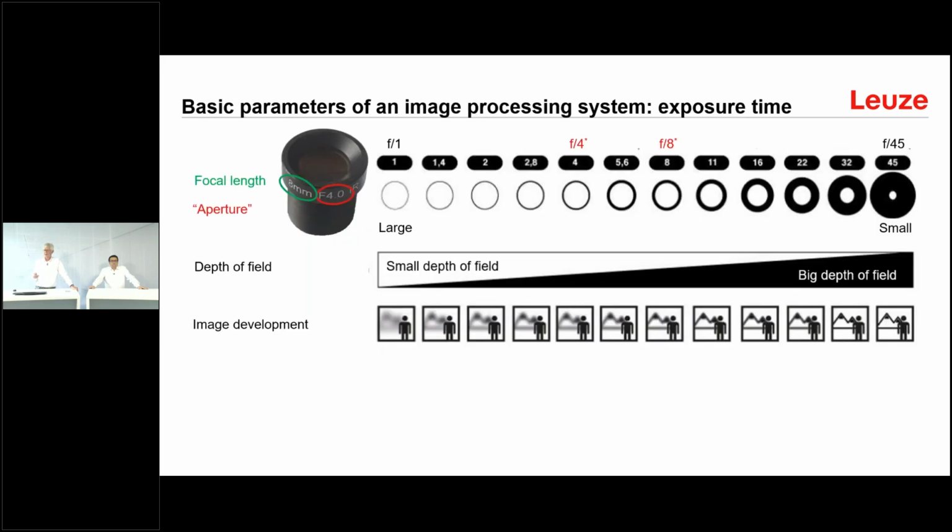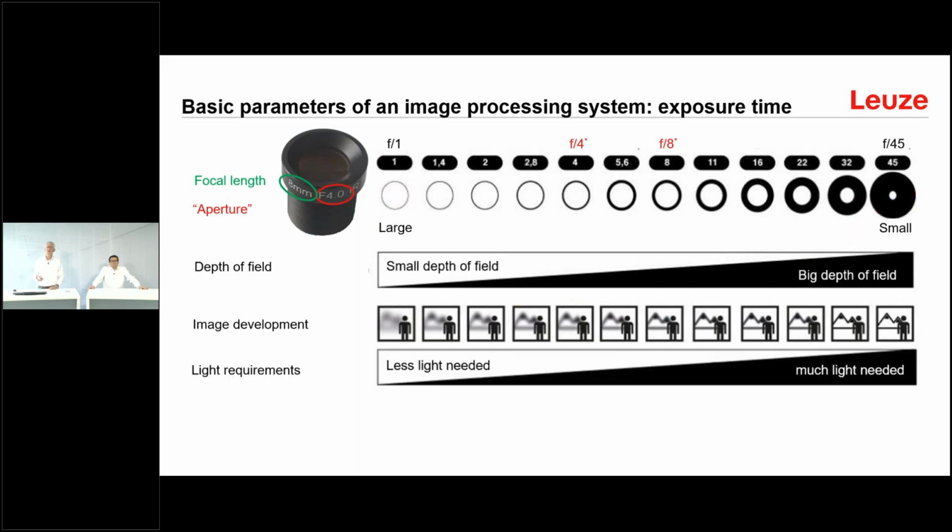So coming back to this slide, we already had this slide, but now we have to evaluate exposure time, because this is also something which is important. Maybe those of you who did photographing as a hobby know already a lot about this. But coming back to the aperture, you see this is a large pinhole and this is a small pinhole.